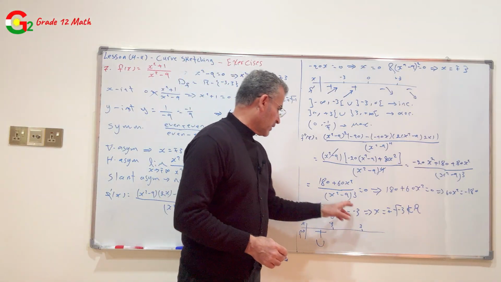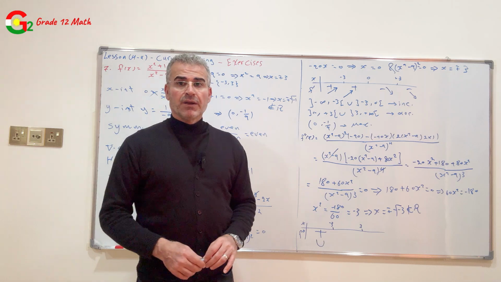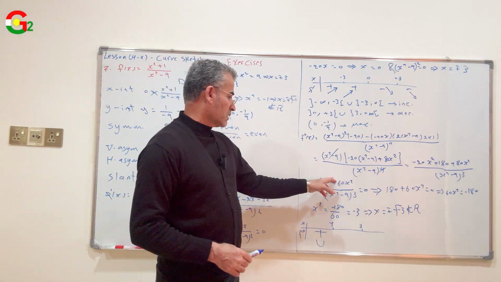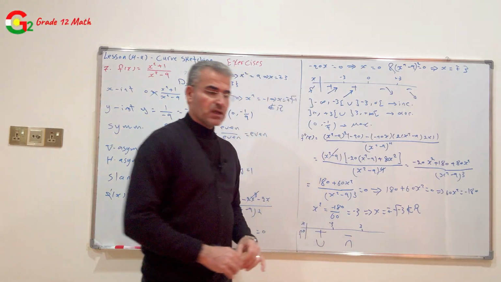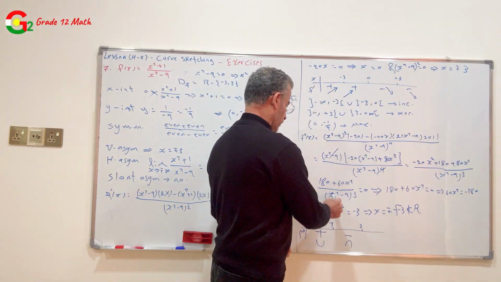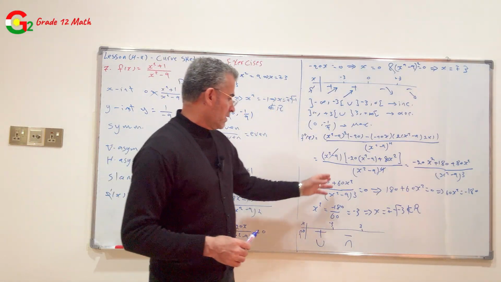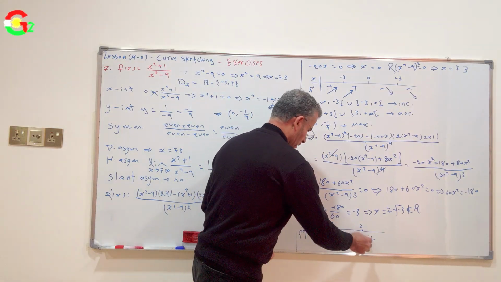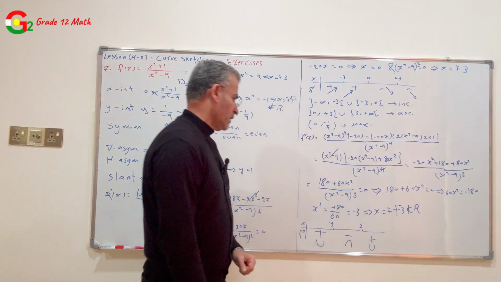Between negative 3 and 3, take 0: 0 minus 9 is negative 9, negative 9 to the power 3 is a negative value, positive over negative is negative, therefore the function here is convex. When x is greater than 3, take 4: 4 squared is 16, 16 minus 9 is positive, positive over positive, the second derivative is positive, and the function is concave.